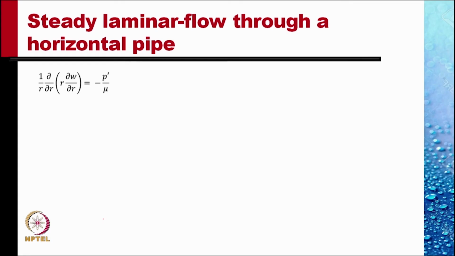We know that this is a function only of R. W is a function of R, so this would be a function of R. On the other hand, this P is a function only of Z. P does not change with theta and R. So, this is only a function of Z. One part is a function of R, the other part is a function of Z. The only possible way is if both of them are constant.